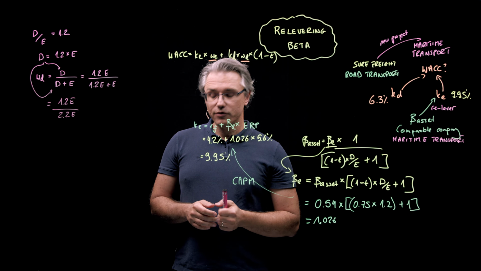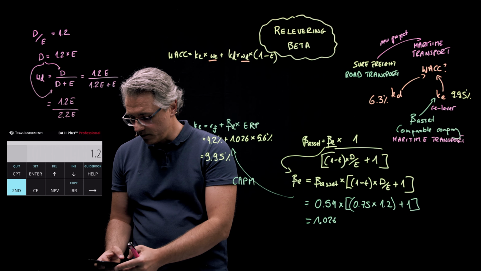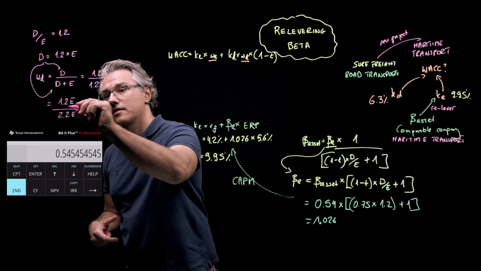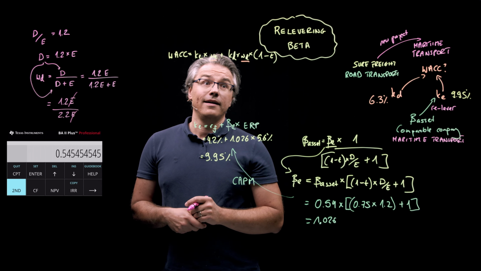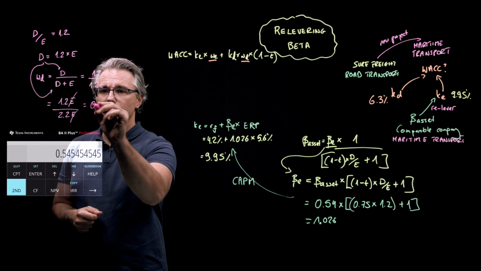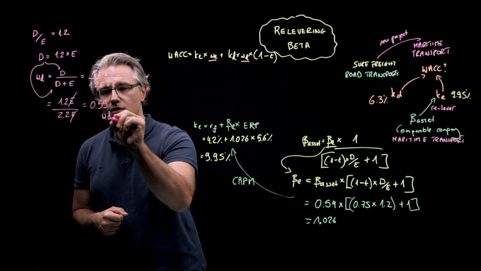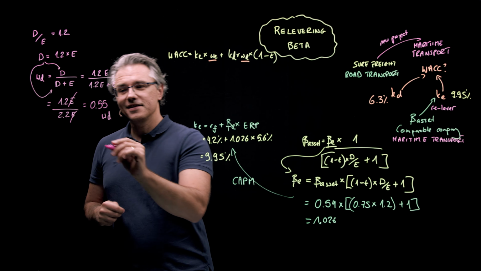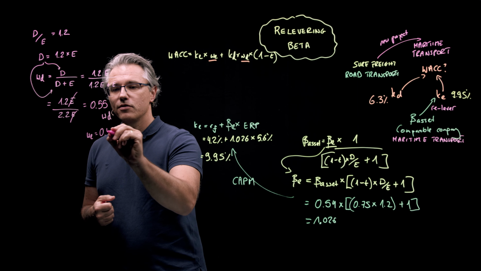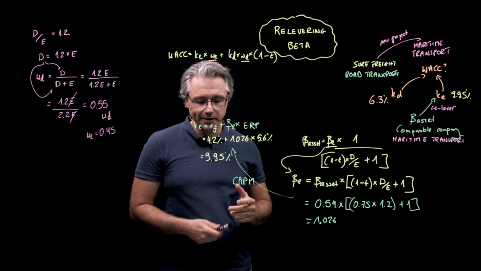And now, if I want to do this on the calculator, it will be 1.2 divided by 2.2, because the E's cancel out, and the result I'm looking at is 0.55, and that is my weight of debt. If this is the case, the weight of equity must be, there is no other way, 0.45, as the two must add up to 1.